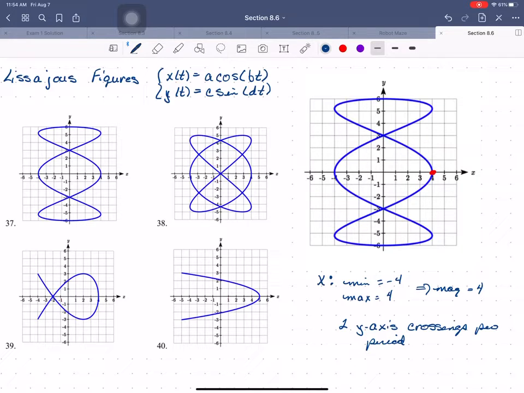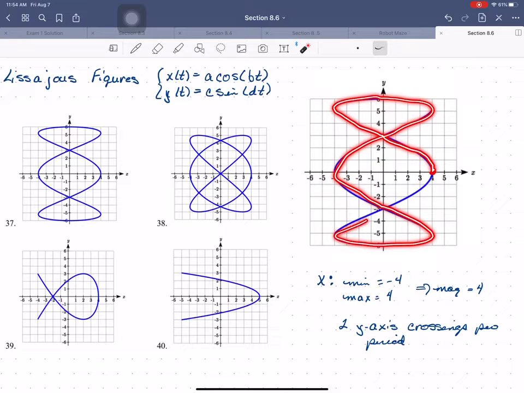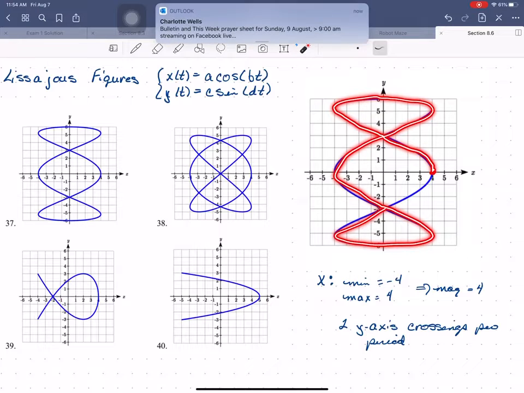So we're going to start at our starting point, we're going to count y-axis crossings, and we're going to trace the whole curve until we get back to the y-axis, or back to our beginning point. So there's 1, there's 2, there's 3, there's 4, there's 5.